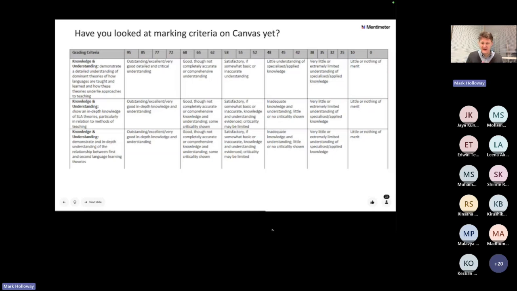You're graded on these things and not something else. The slide I'm sharing right now is not the marking criteria of an assignment that you yourself are probably writing. It's just an example of what a marking criteria might look like from a course at the University of Hertfordshire, because I also teach on a master's degree, and I think this is from my own module.